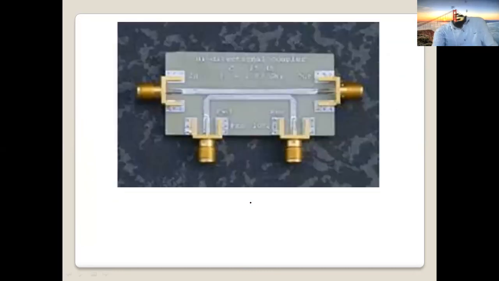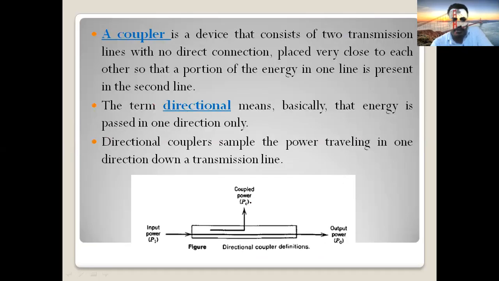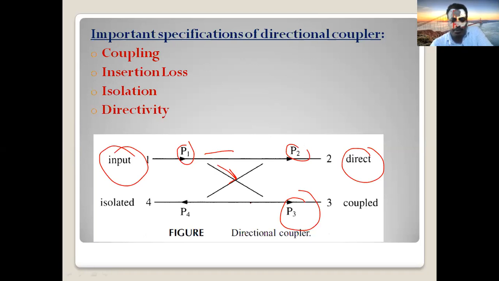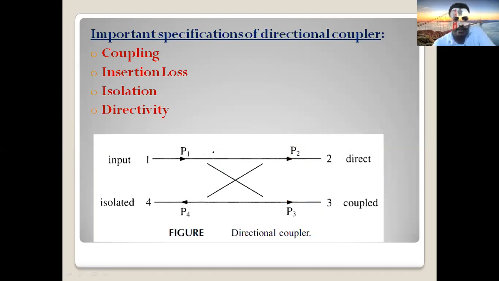That's a directional coupler. We'll discuss applications, but before that, let's see some figures of merit, specifications of a directional coupler. When you buy a directional coupler, when you use a directional coupler, you have to know these 4 specifications or figures of merit. So let's discuss one by one.